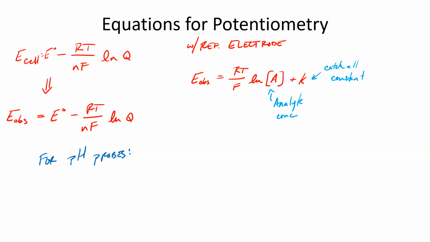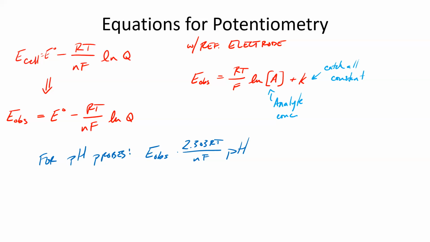And so, if we convert our natural log to a log, so we can get log of H, because we know log of H is pH, what we end up with is that our observed potential is equal to this constant, negative 2.303 RT over nF times the pH.